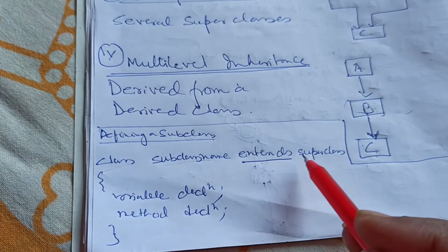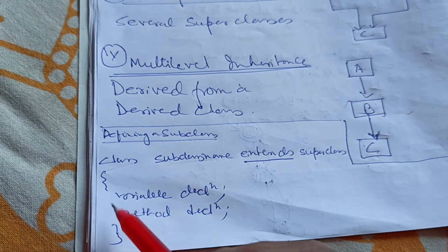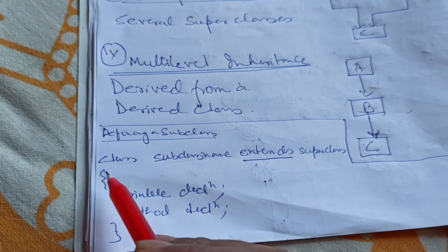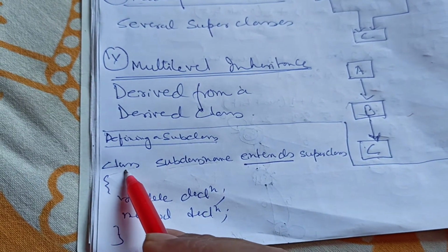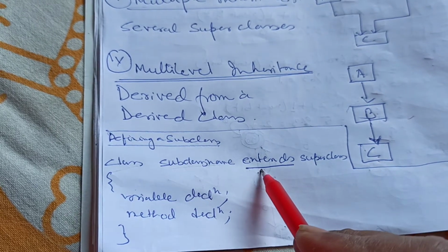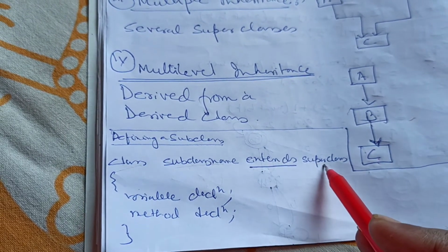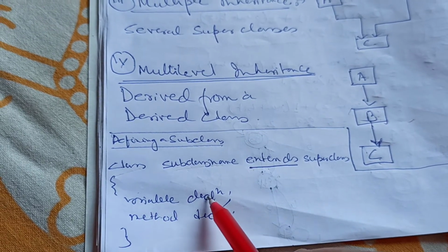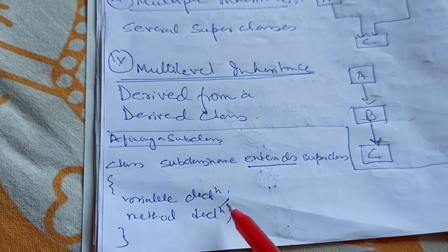Then the superclass, and inside the class, variable declaration and method declaration. So this is the class keyword, then the subclass name, then extends keyword, then the superclass, and inside the class definition, variable declaration, then method declaration.